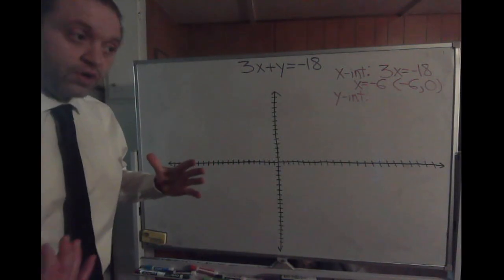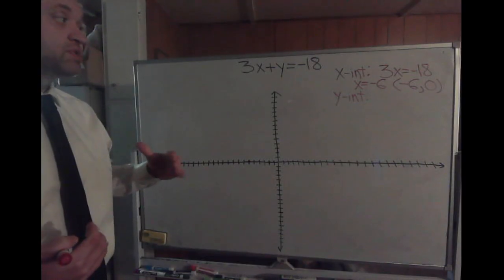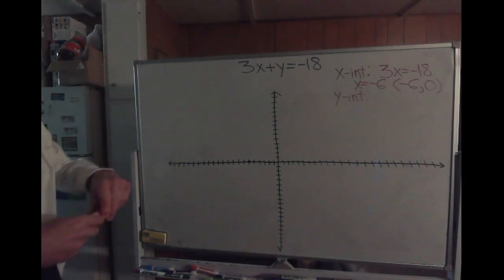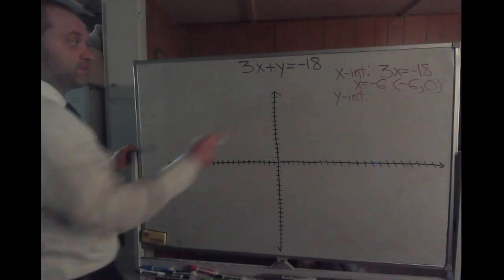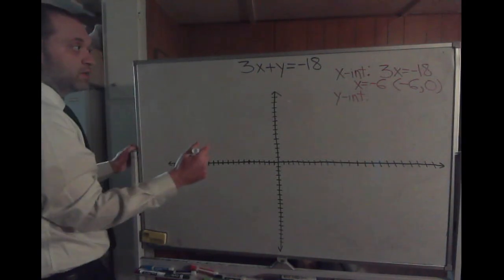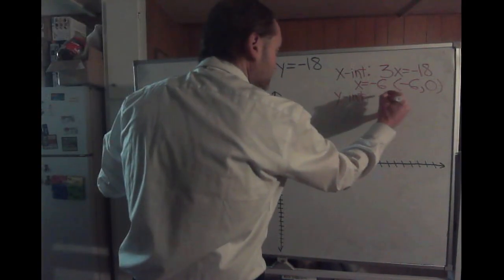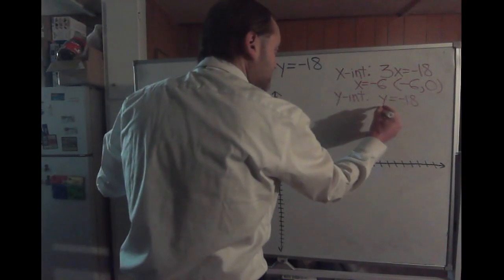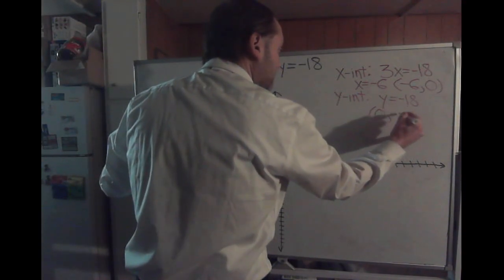So to solve for the y-intercept, you're going to set x equal to 0. If I set x equal to 0 in this equation, that would literally give me y equals negative 18. So the y-intercept would be at 0, negative 18.